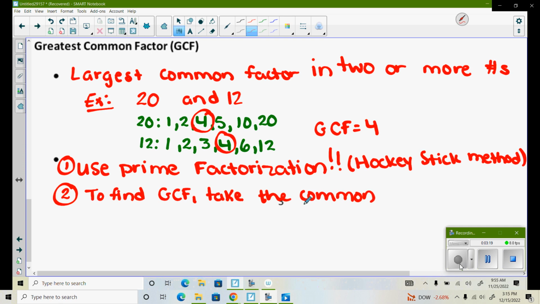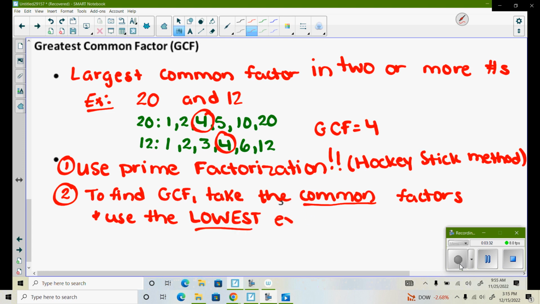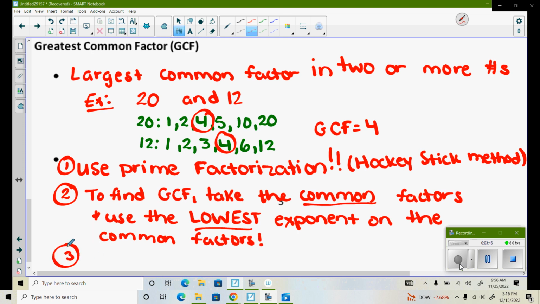Once again, if it doesn't make a whole bunch of sense now, totally fine. It will once we start to do an example. In step 3, all you have to do is multiply them together if you have multiple common factors.